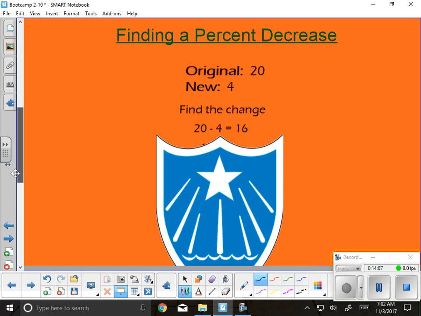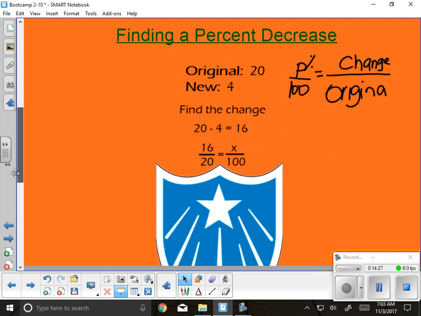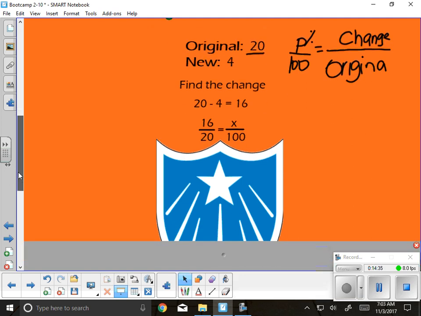Remember, it's the change over the original, equals P, or percent, over 100. We know what the change is, so we put that change, 16, over 20, because 20 is the original, and set that equal to x over 100.